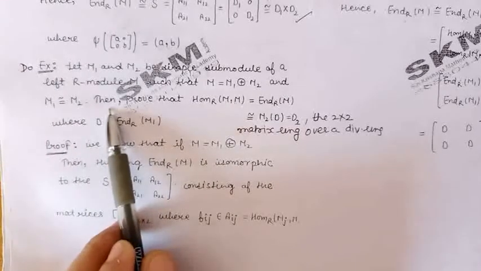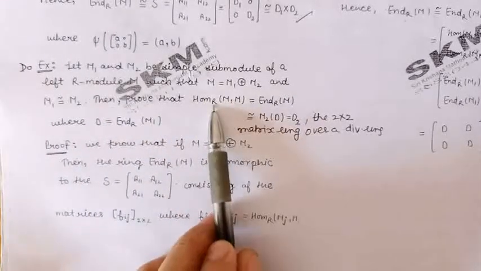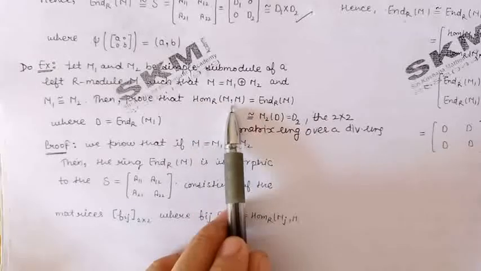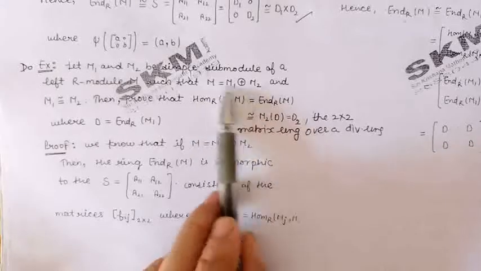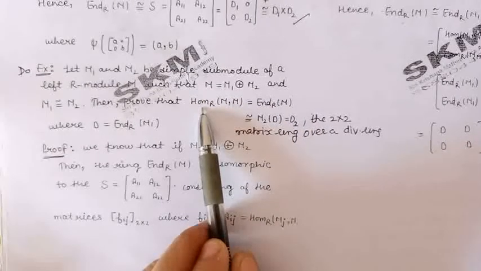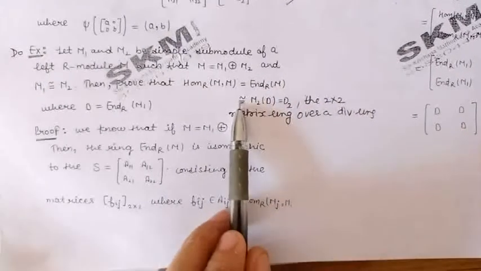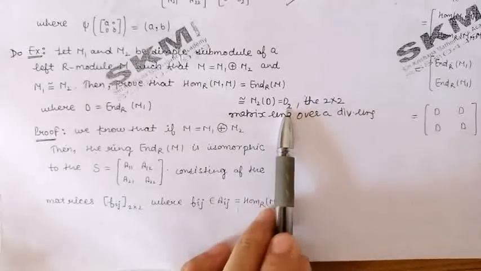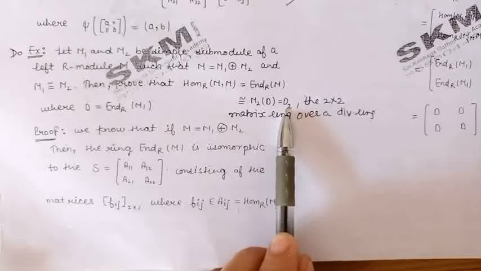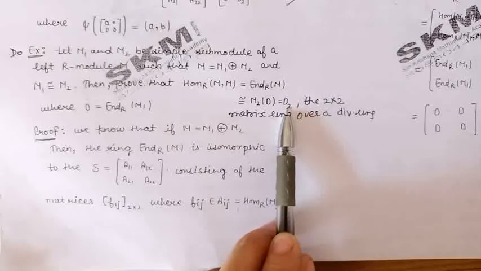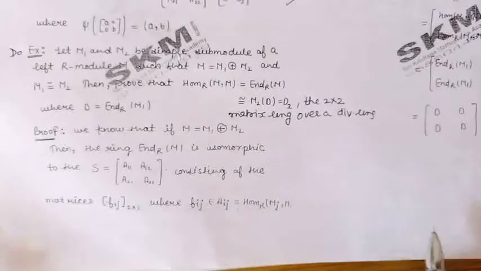Then we are to prove that the ring of endomorphisms of M over the ring R is isomorphic to D2, where D2 is the 2 cross 2 matrix ring over a division ring.